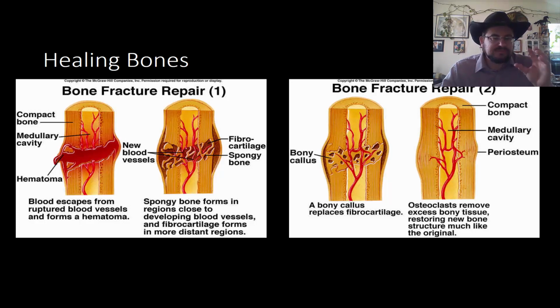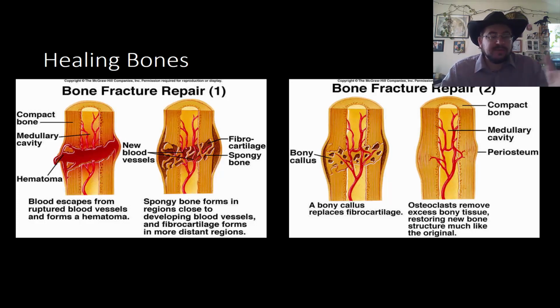We get a bunch of internal bleeding in there. But the periosteum ideally holds, or at least regrows around the bone, and holds in this stuff. And as we supply it, our osteoblasts begin to produce spongy bone.